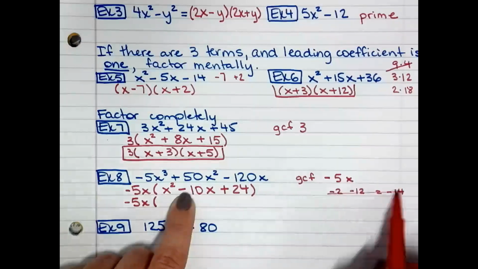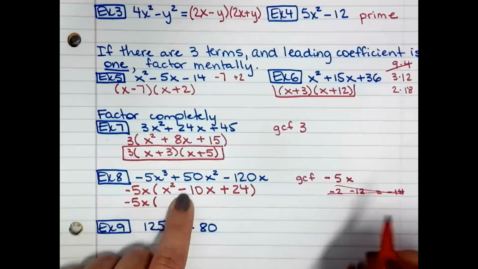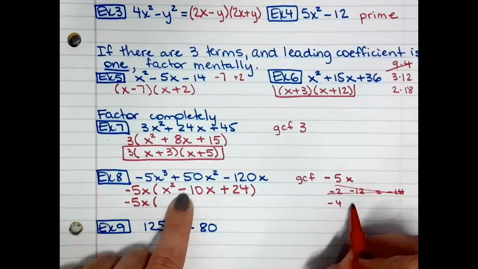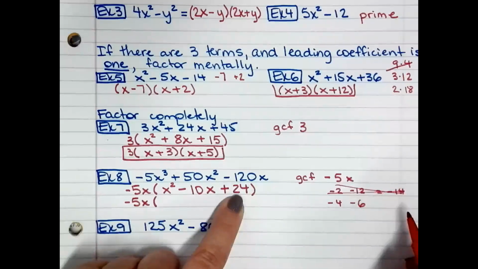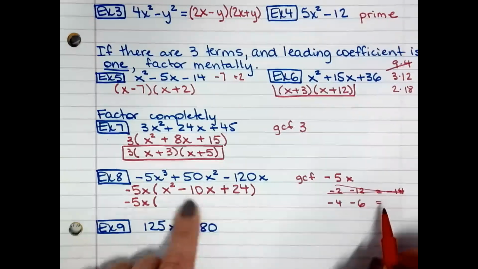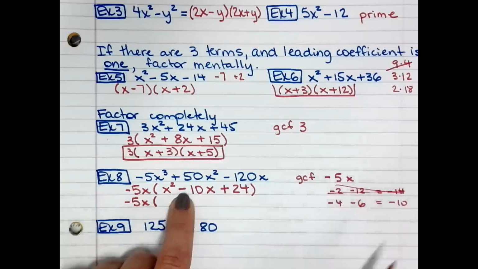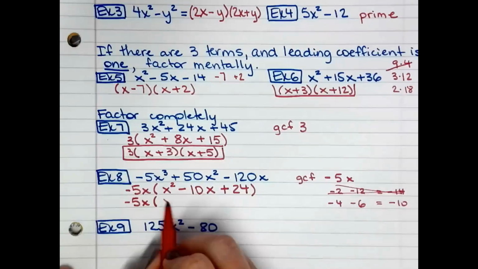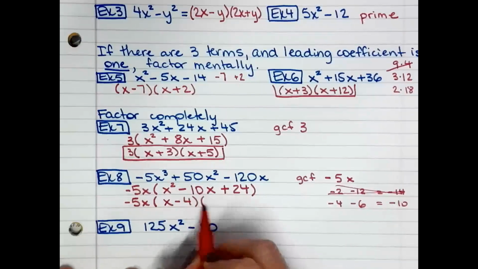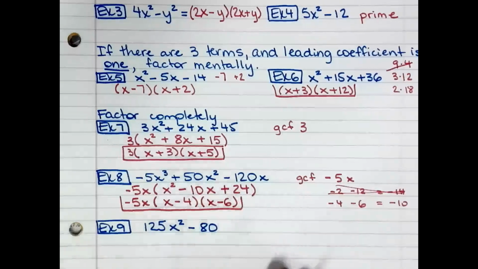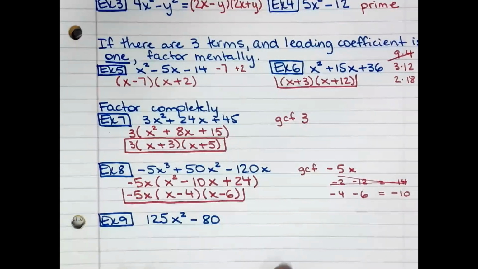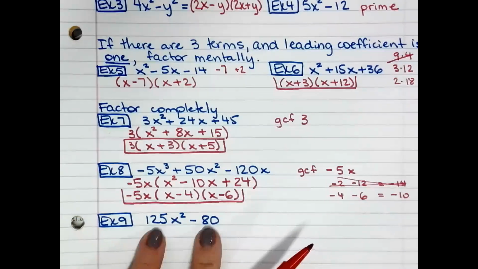So that is not 2 and 12. Okay? But I do know negative 4 times negative 6, that is positive 24 when I multiply them. So when you add them together, you get the beautiful negative 10 that you were looking for. So x minus 4, x minus 6. Be very careful with the negatives. They will trick you.